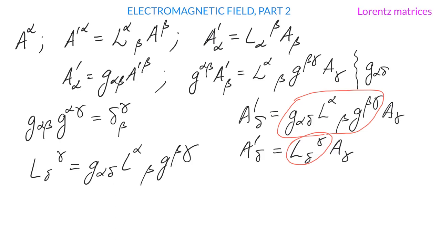Now G is a symmetric tensor, so I can also rewrite this as G delta alpha G gamma beta L alpha beta. So let's look at this expression. It looks like I'm lowering the alpha index using the G tensor as usual. So the alpha index from here goes downstairs and becomes delta on the left.